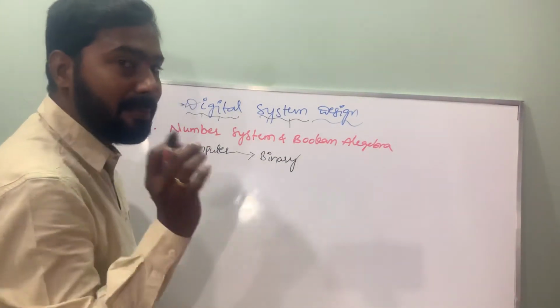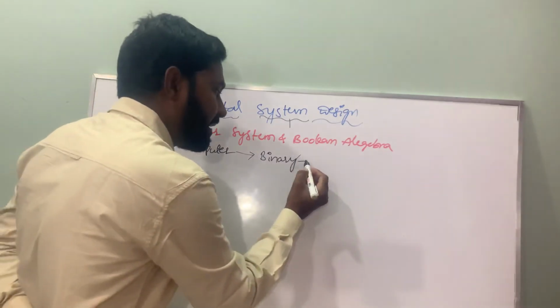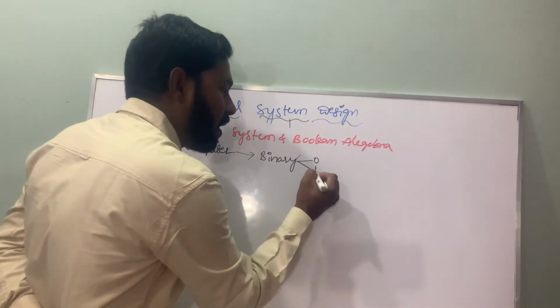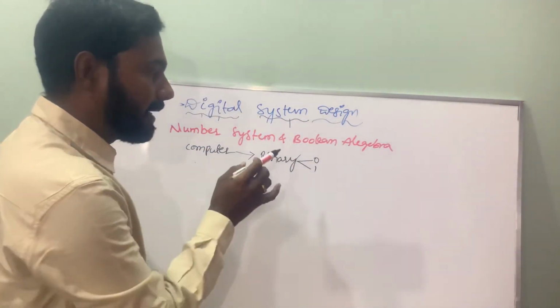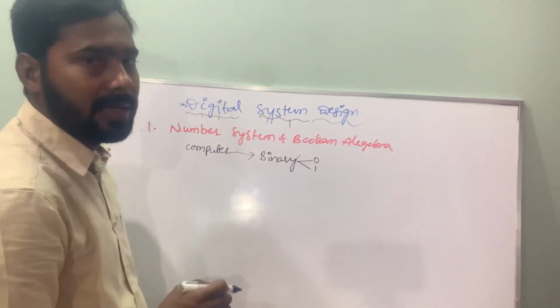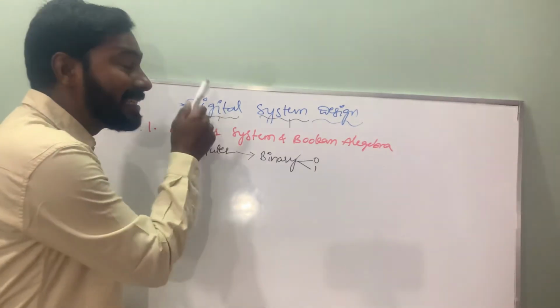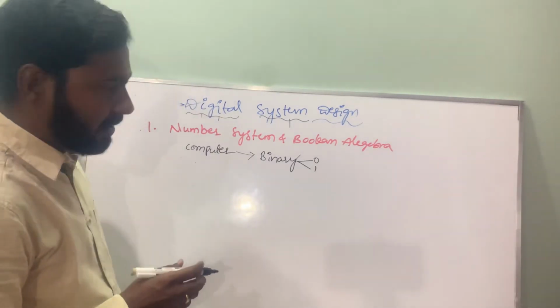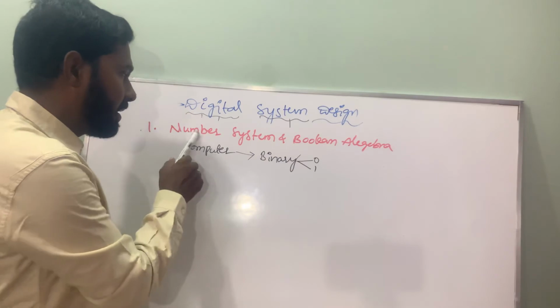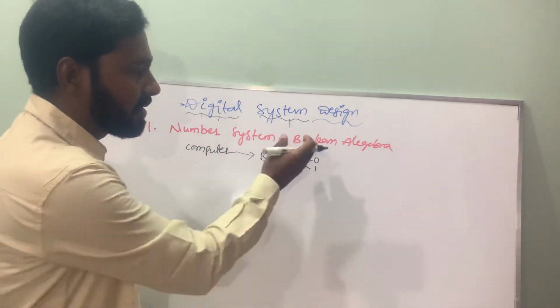Binary is the number representation, either 0 or 1. The computer is a digital device, so that is why we study number systems. I will also discuss the meaning of Boolean algebra.